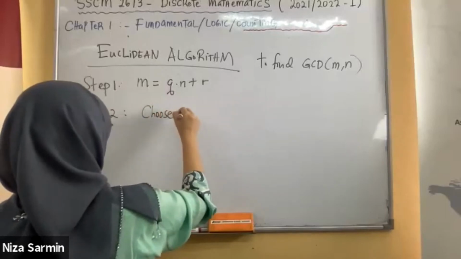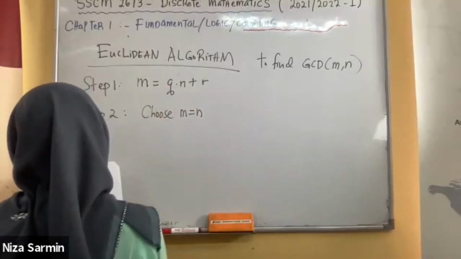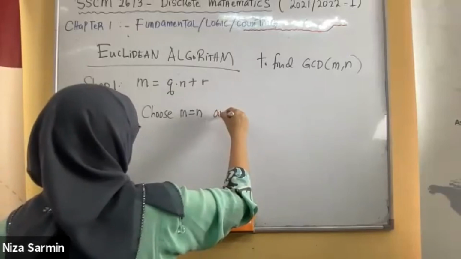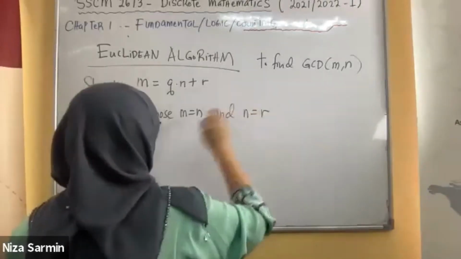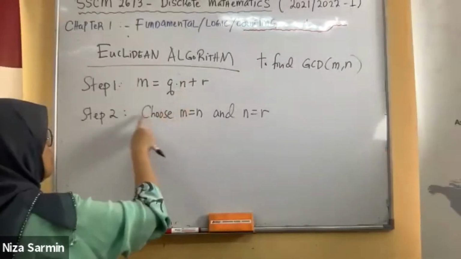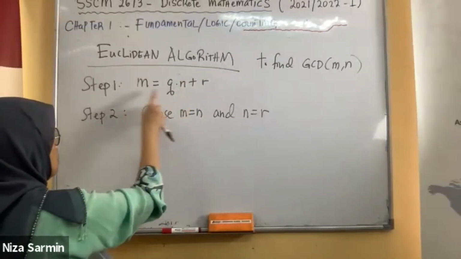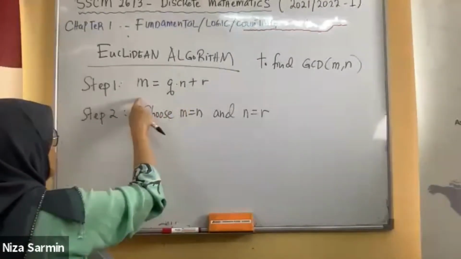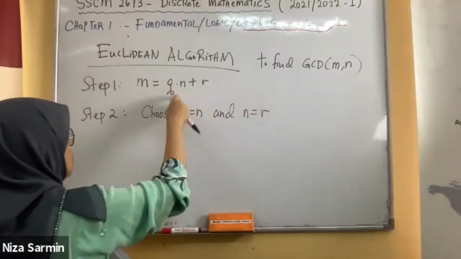Step 2, choose M equal N and N equal R. So you take this N, bring it here, and R, bring it here.